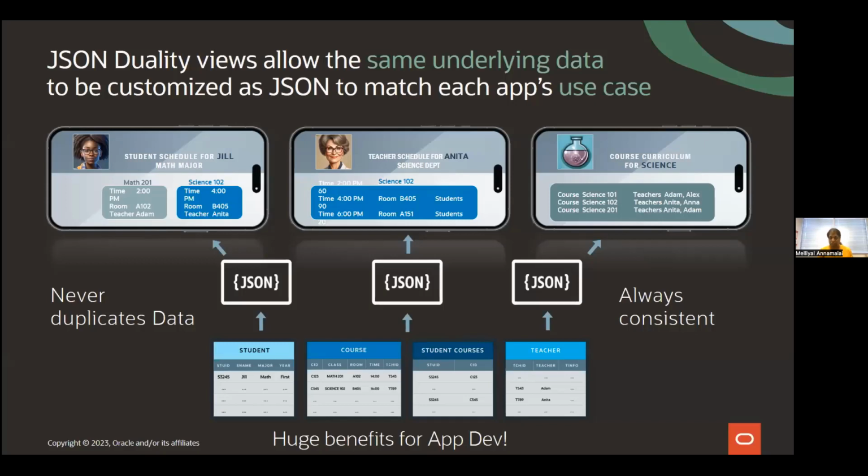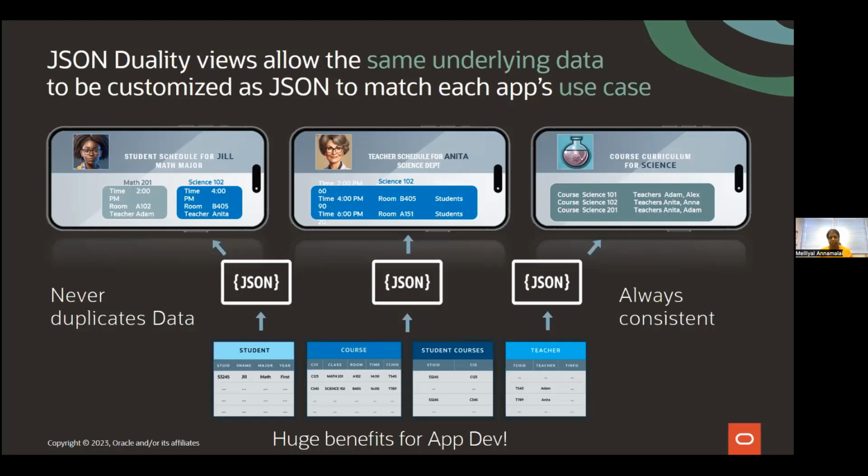Like I said, using the normalized form that has been used for the last 4 decades, which has many advantages, such as data is never duplicated, data is always consistent, and certain things like concurrent updates are really easy to do and really efficient to do with that very mature storage model.